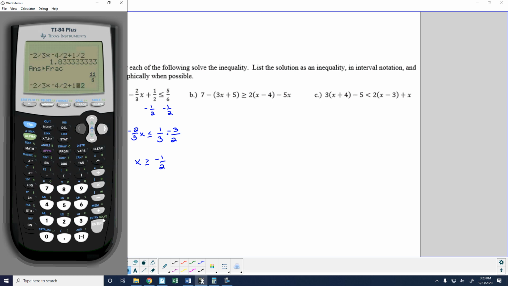There we go. Let's change this to a negative 1/2. Now it's correct. It is going to give me 5/6, which is less than or equal to 5/6.